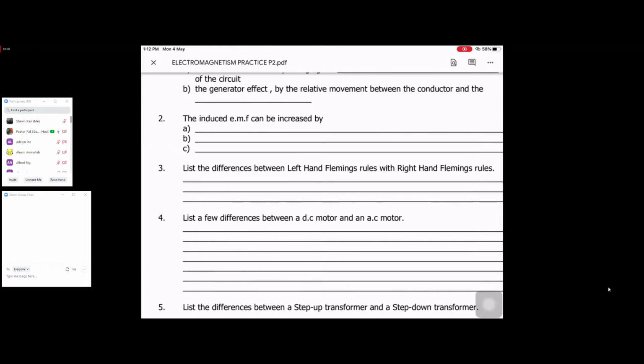Okay, list the differences between left-hand Fleming rules and right-hand Fleming rules. How to show the differences between left-hand and right-hand? Okay, let's start.